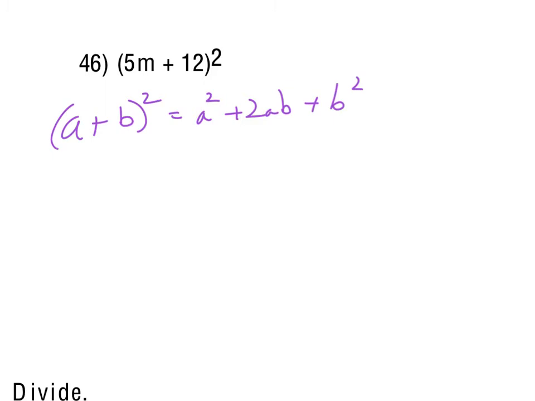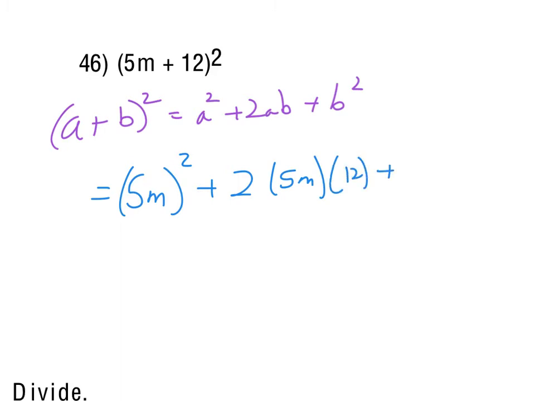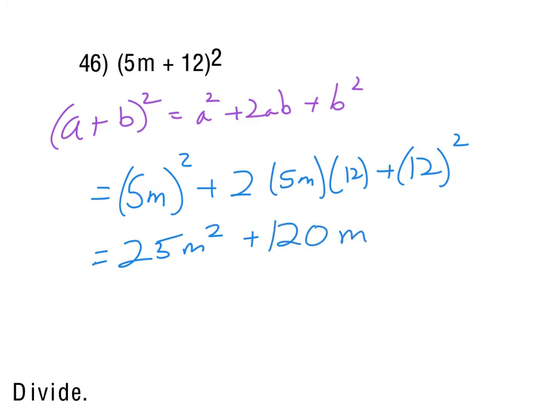Anyhow, so if we were to square the first term and take double the product of the 2 terms and then square the last term, let's put that in parentheses too. So we get 25m squared plus, this would be 60m, double that, we're talking 120m. 12 squared is 144. There we go, that's what we get.